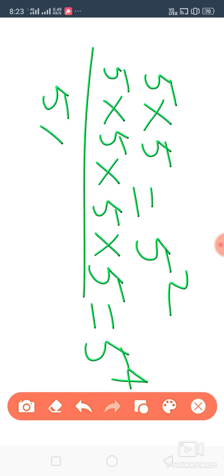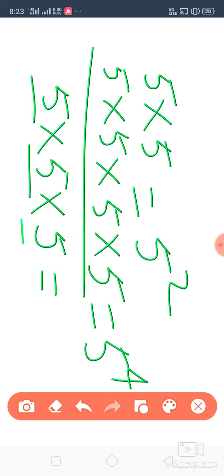Similarly, if you multiply 5 three times, in the exponent form it can be written as 5 to the power 3. This way we can write.